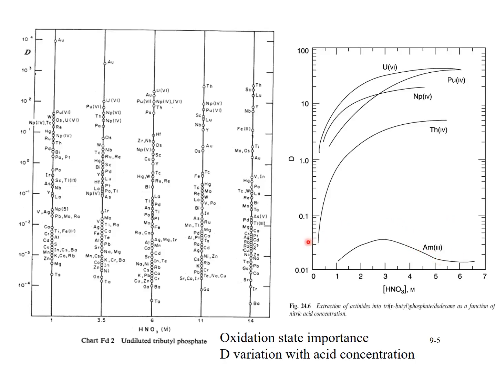They're all very low values, where tetravalents, the neptunium, thorium 4, plutonium 4 extract well, and the uranium 6 extracts well. And this is up to about 6 molar nitric acid. It shows that in a range between 3 and 6 molar nitric acid, the plus 4s, plus 6s are reaching almost a plateau type state for extractions.